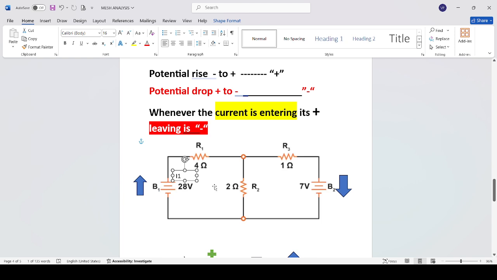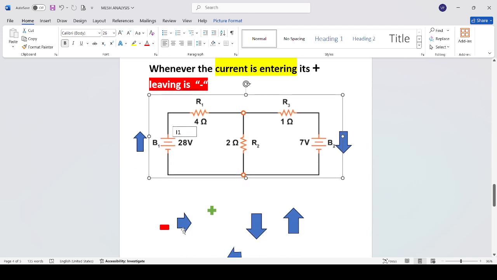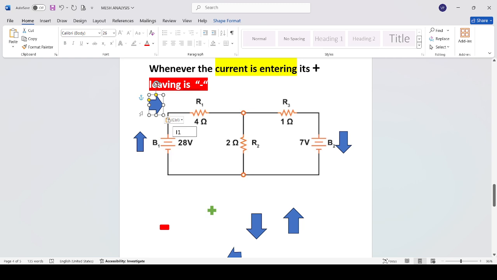So I have mentioned the current here as I1. Whenever the current is flowing from the battery to a resistor, the current is flowing like this. When it is entering this component, this is positive.